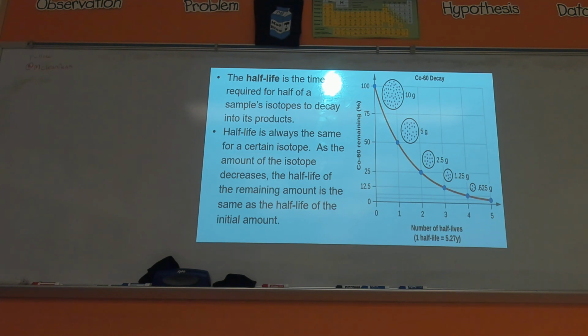Okay? So if we look at this graph here, you would have, let's say, 10 grams. And this is saying cobalt-60. What would Co-60 mean? Cobalt-60 is a cobalt atom with 60 what?